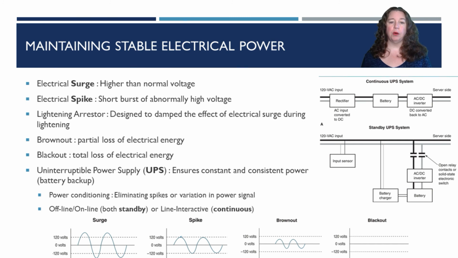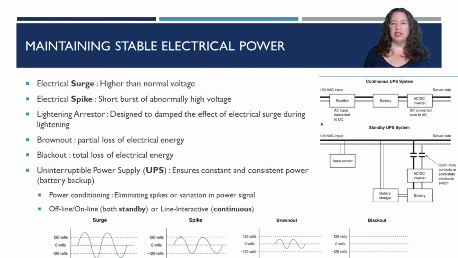So the minute that power fails, it gets turned on. The inverter is going to work with the battery, and the charger will be connected the whole time, but the battery will not actually be sending power to your network until power is shut off. So we're just keeping a little sensor on there to find out whether or not we need to switch over. Those are standby, and we can have them either online or offline.